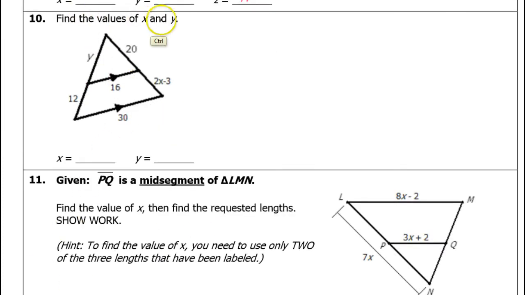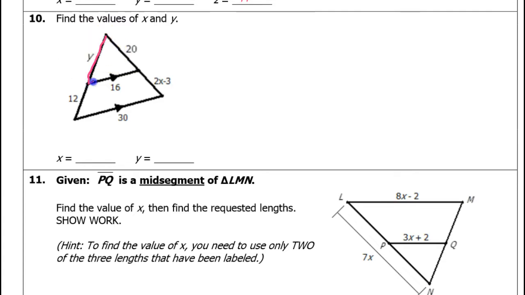So number 10, find the value of x and y. Okay, notice this is not a mid-segment, even though it kind of looks similar to a mid-segment problem, but this segment is not half of the parallel side, so I know this is not a mid-segment. So what I have is two triangles.